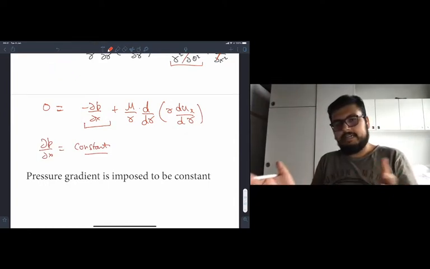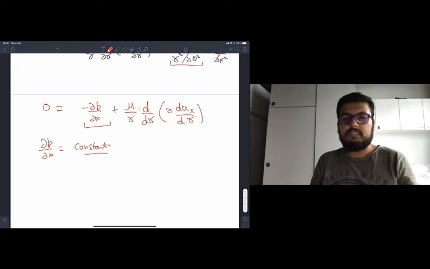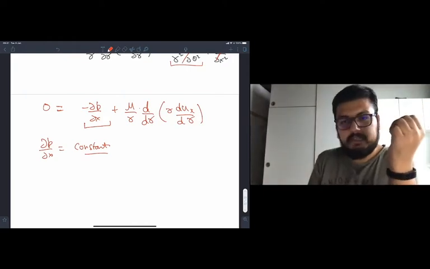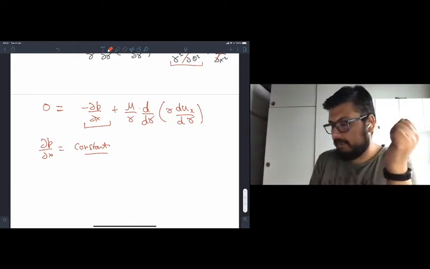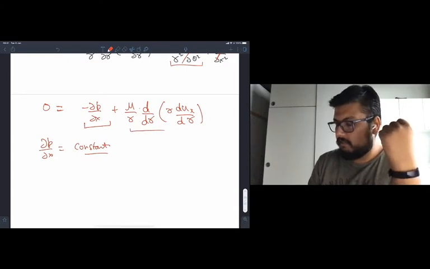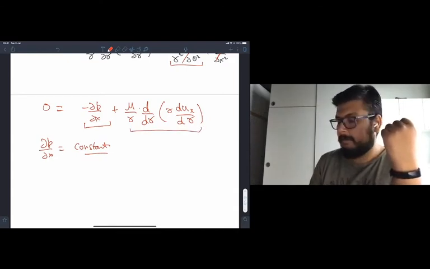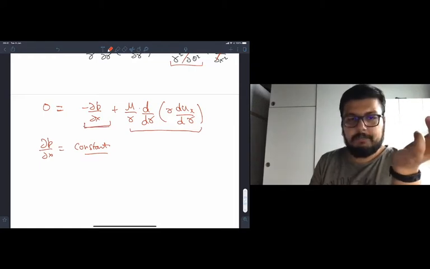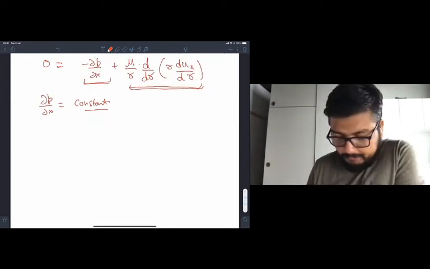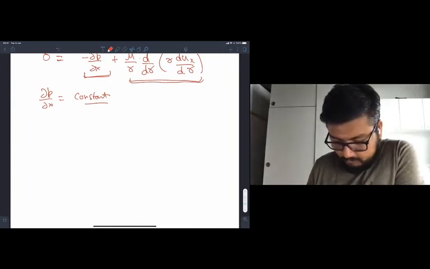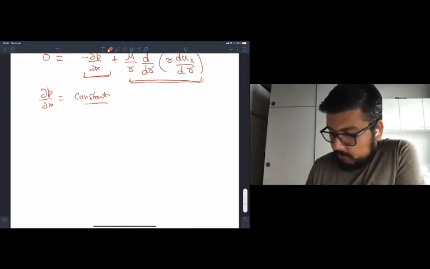So if you draw an analogy between this condition and the condition where we studied the flow between parallel plates, you can again see that this term of the equation is not dependent on x. So this term cannot depend on x, so it should be a constant, which means that I can integrate this equation twice, which will give me the following equation.